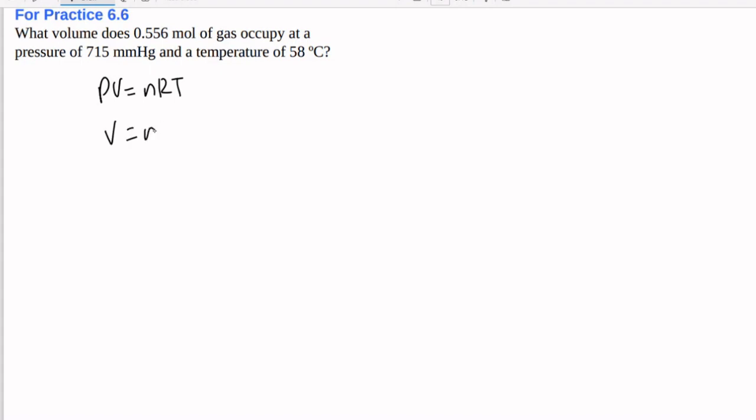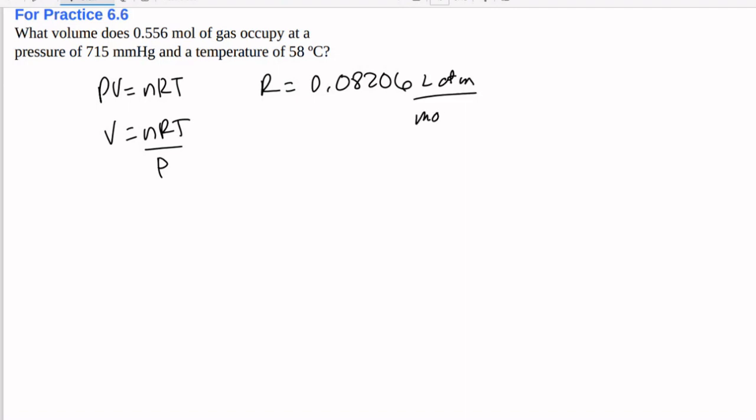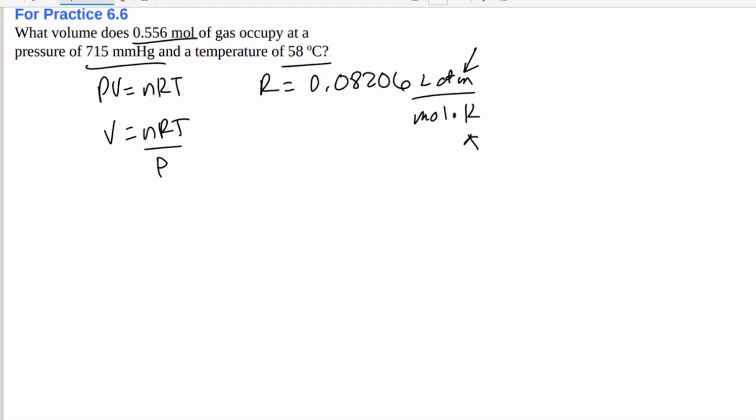So volume is equal to nRT over P. And remember, R is equal to 0.08206 liters times atmospheres per mole times Kelvin. And so we have moles here, that's fine, but we need to convert our millimeters of mercury to atmospheres, and we need to convert degrees C to Kelvin so that we can calculate everything else, okay?